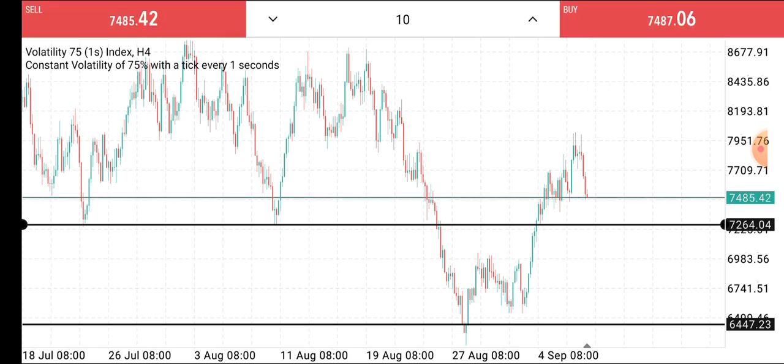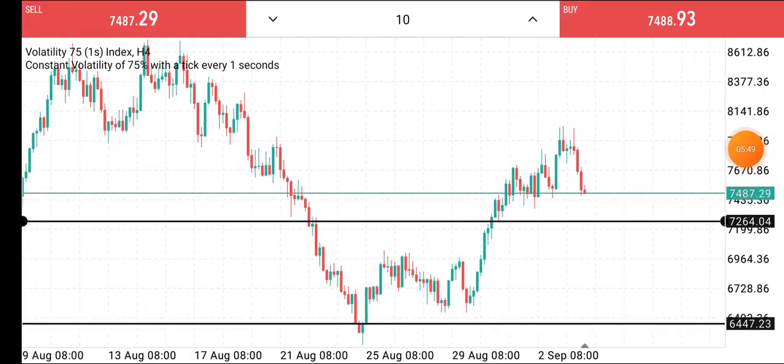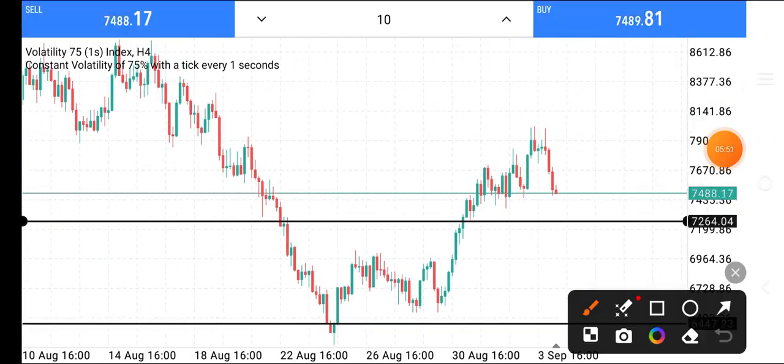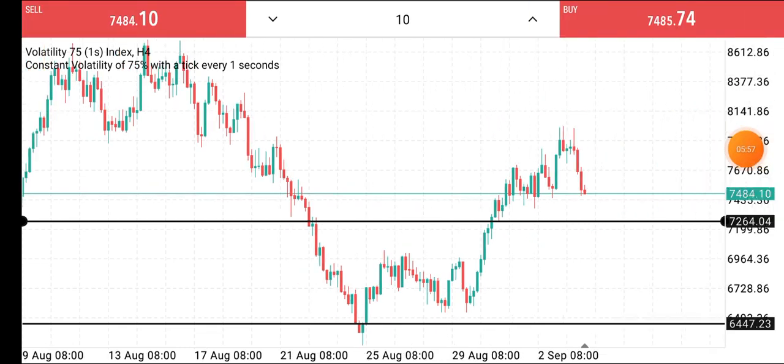So now I've marked that level. What next am I to look out for? First and foremost, I will have to analyze this region to know what is currently going on in it. First off, there is a sell signal here.